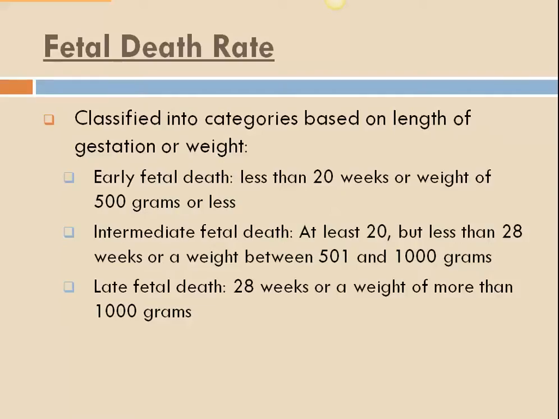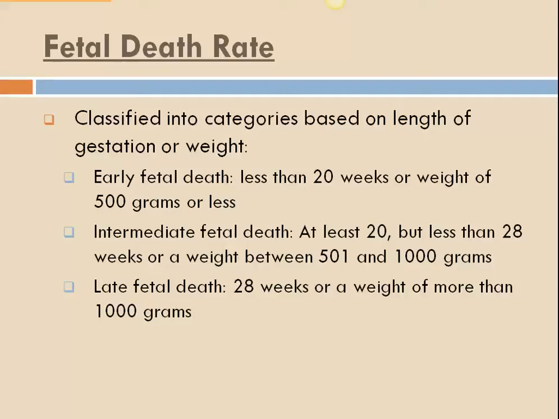Okay, when you're calculating fetal death, there are some different categories that these deaths are classified into based on the length of gestation, or how long the mother had been pregnant, along with the weight of the fetus, and you will need to memorize these guidelines. A fetal death is considered early if the gestation period is less than 20 weeks or the fetus weighs 500 grams or less.